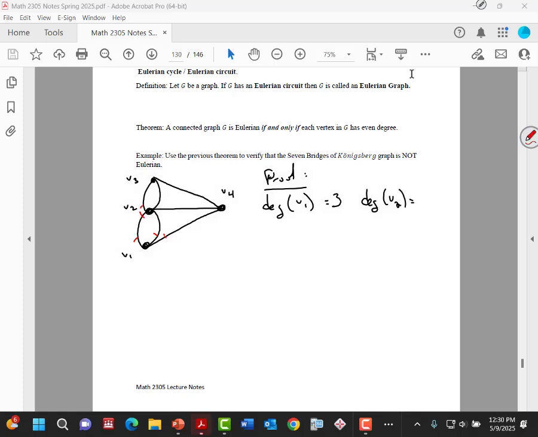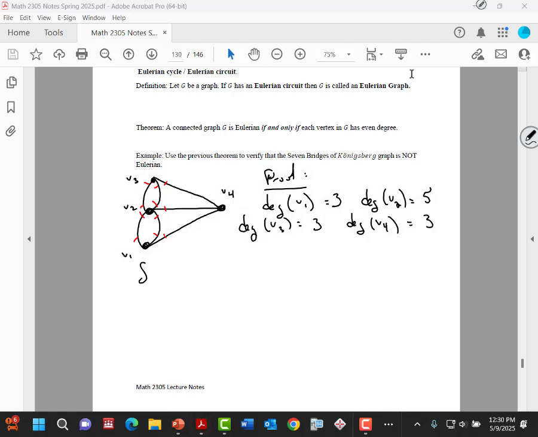That's 1, 2, 3, 4, 5. That's 5. The degree of V3, that's 1, 2, 3. And the degree of V4 is also 3.